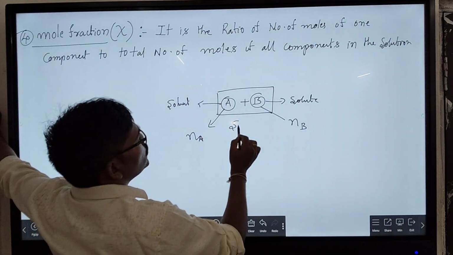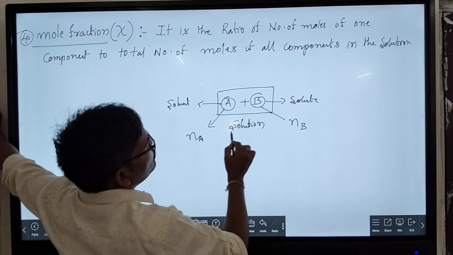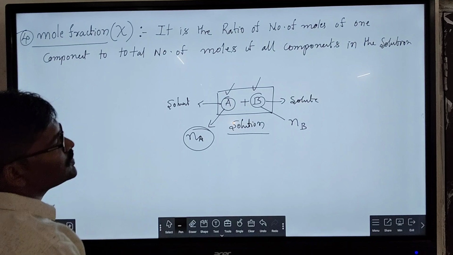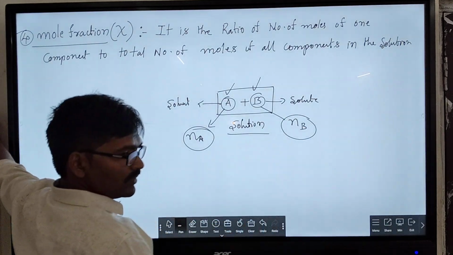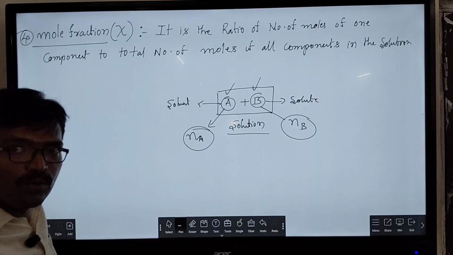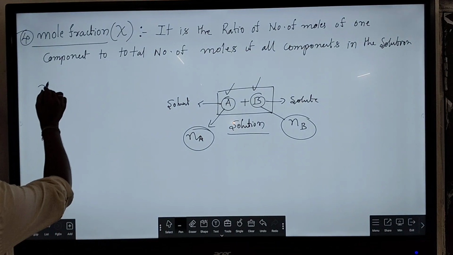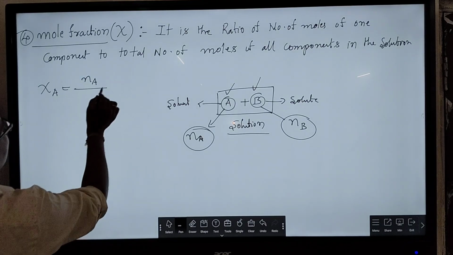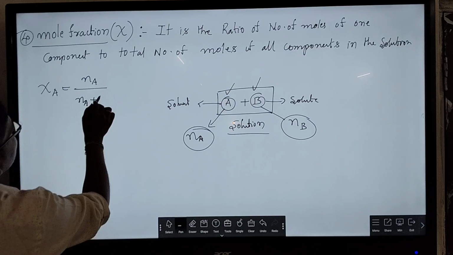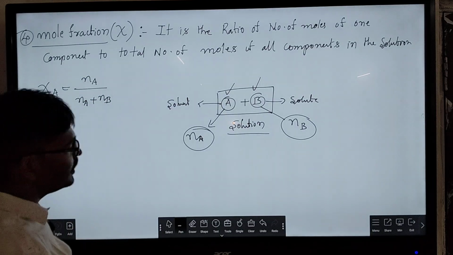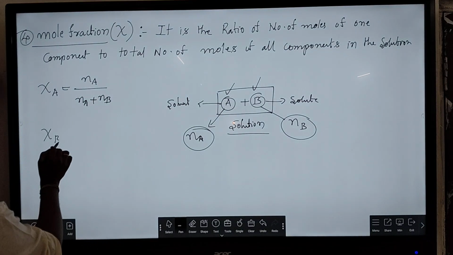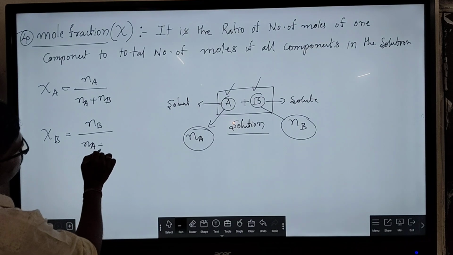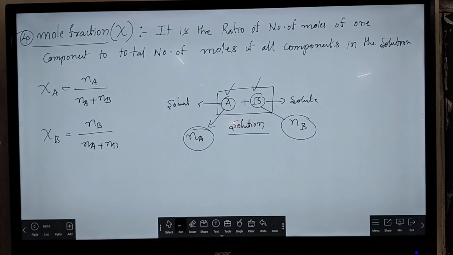In this particular solution, two components are there, A and B. A component has number of moles of A and B component has number of moles of B. If you want to find the mole fraction of A, it equals number of moles of A divided by number of moles of A plus number of moles of B. Similarly, mole fraction of B is number of moles of B divided by number of moles of A plus number of moles of B. Clear all of you?